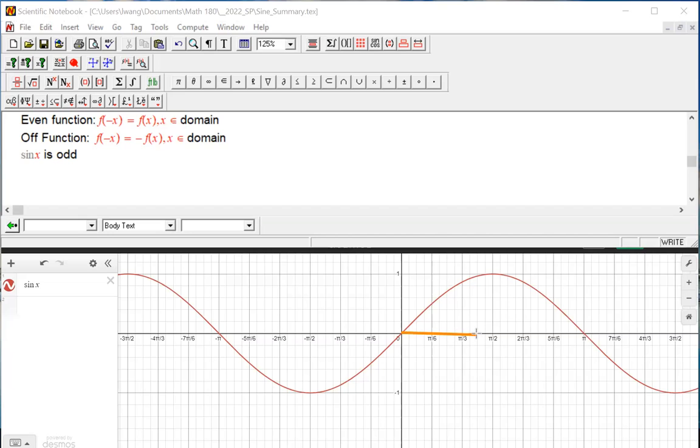I deliberately am not landing on the special angles. So if this is the input x, and that's the opposite of the input, negative x.